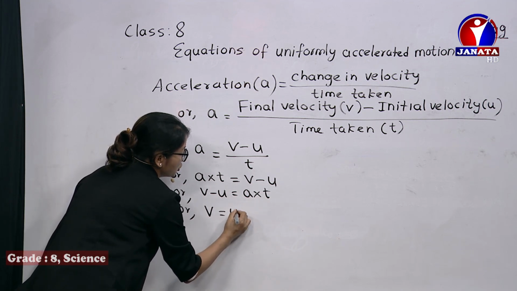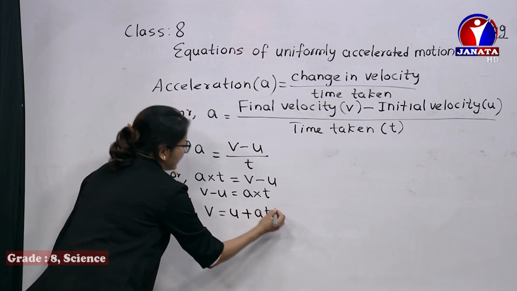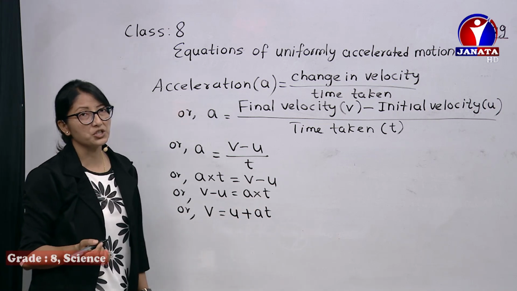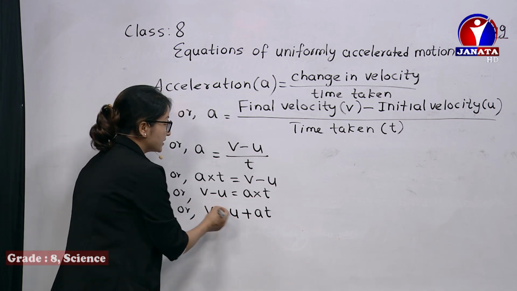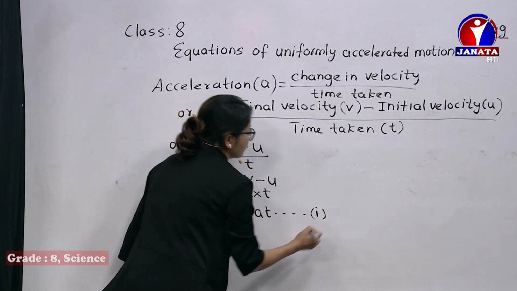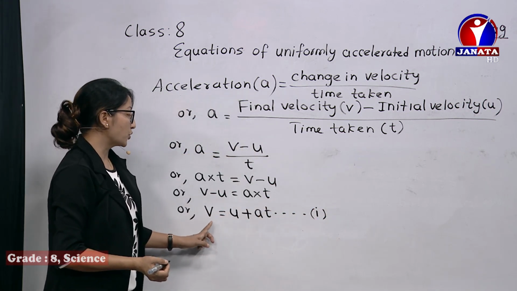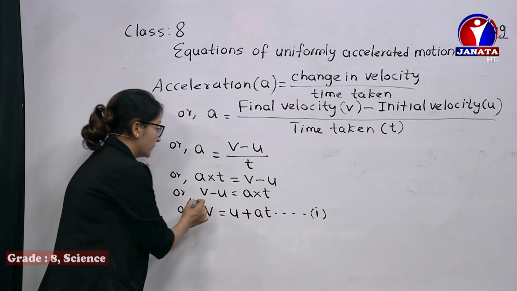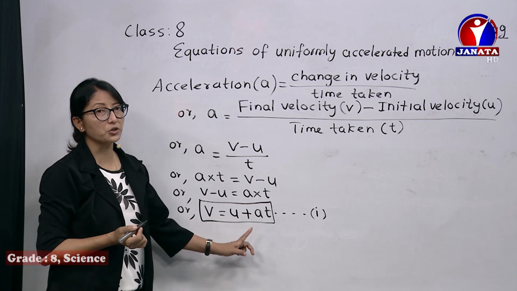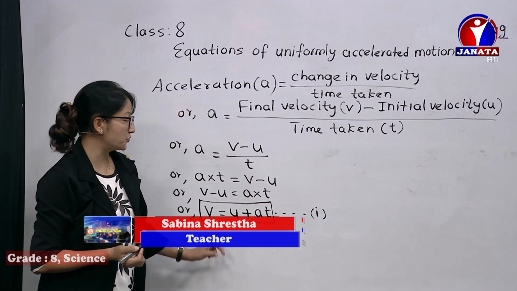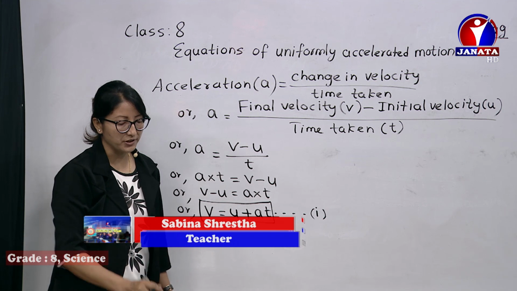V is equal to U plus AT. So this is our first equation, equation 1. This first equation of motion has been derived: V is equal to U plus AT.